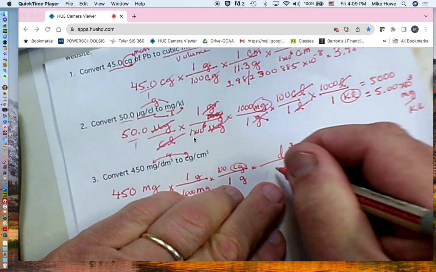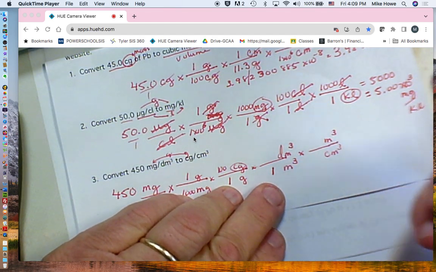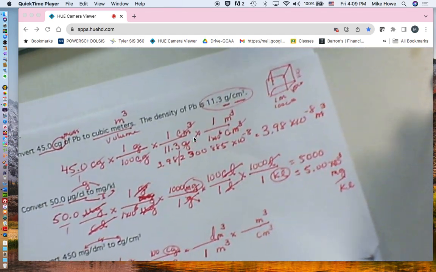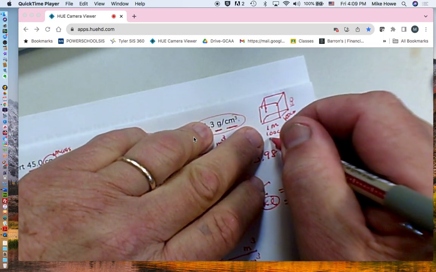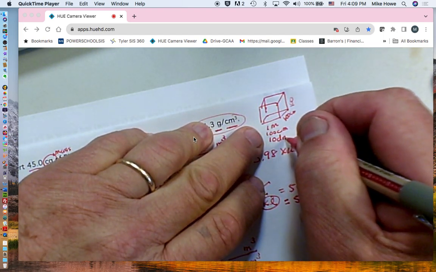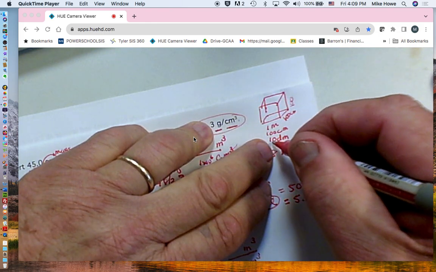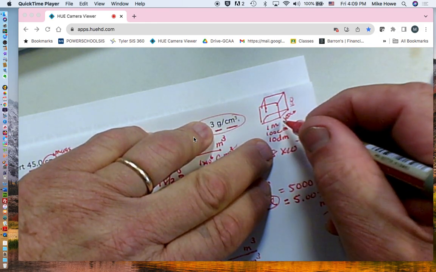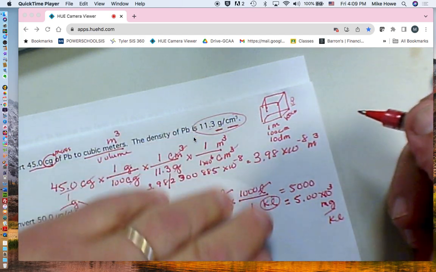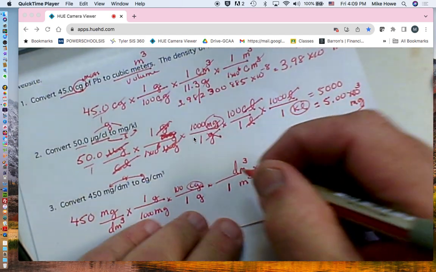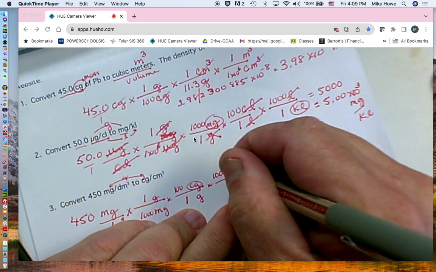So cubic meters bigger, we've got to figure out how many cubic decimeters are in a cubic meter, so we go back up here to our picture. If 1 meter is 10 decimeters, then for the volume in cubic decimeters, it would be 10 this way, multiplied by 10 deep, and then multiplied by 10 high. So that's 1,000. 10 times 10 times 10.